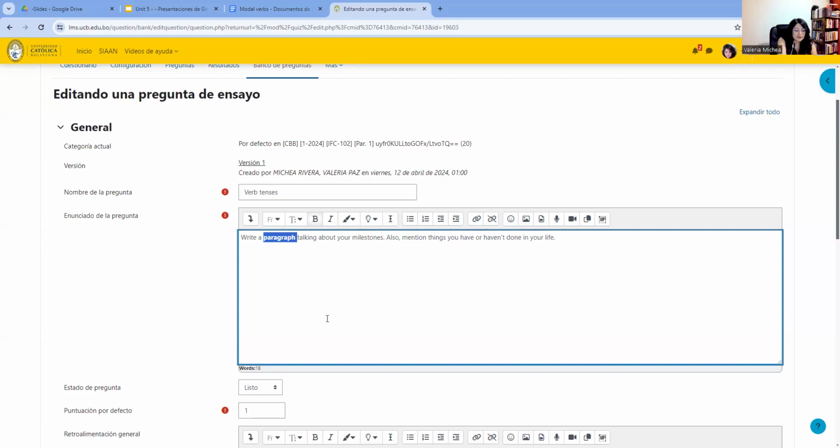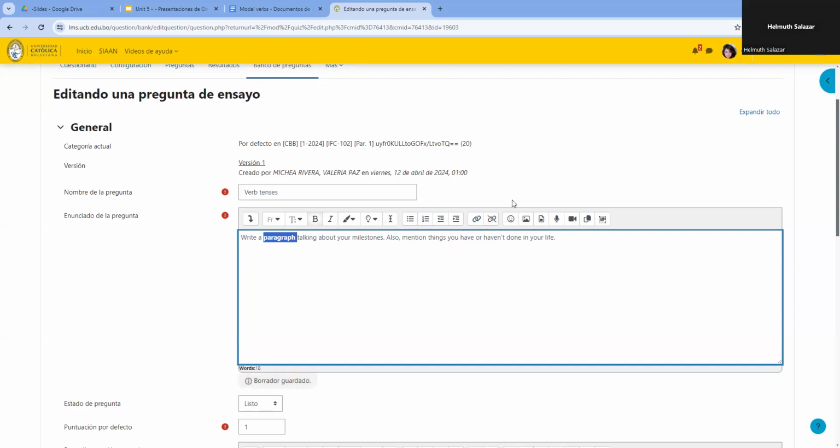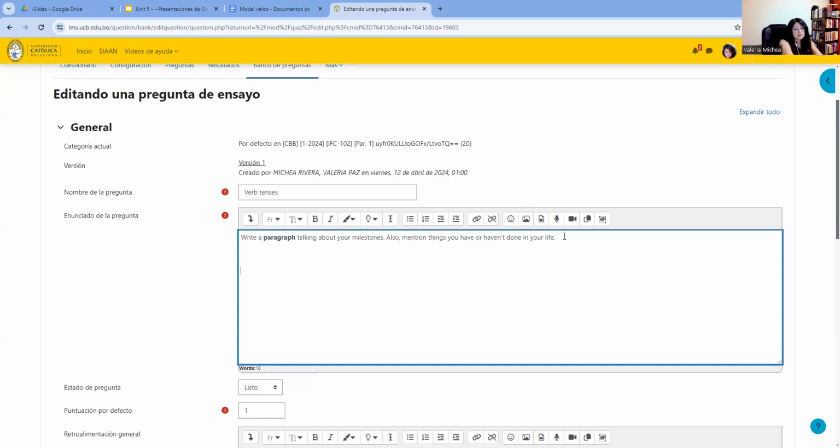Because we know that a paragraph is like that in academic writing, and this is a university, so I'm not talking to children, so that's why I expect something longer. A paragraph for me is a block. Otherwise, if I wanted you to write 2 lines, I would use the word sentences, write sentences.